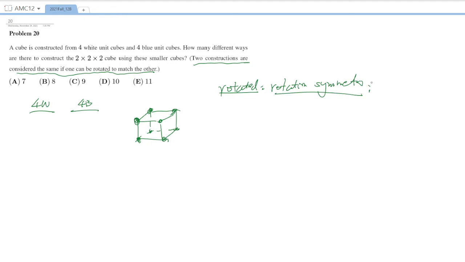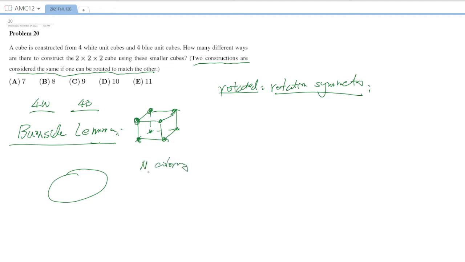When you say rotation symmetry, I hope you guys know something about Burnside's lemma. This lemma is very powerful for counting, to remove the duplications. Basically, for example, we have n ways of coloring, and we have some symmetry. We can rotate it; we have G types of symmetry, or we call them operators.